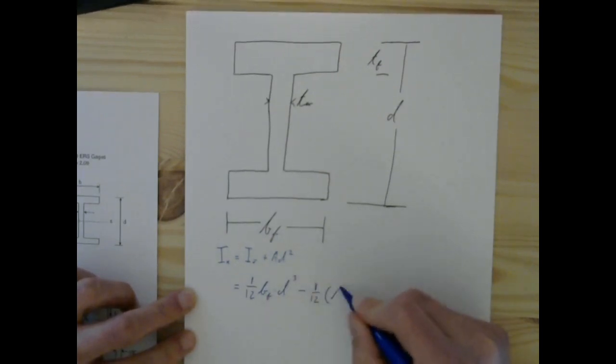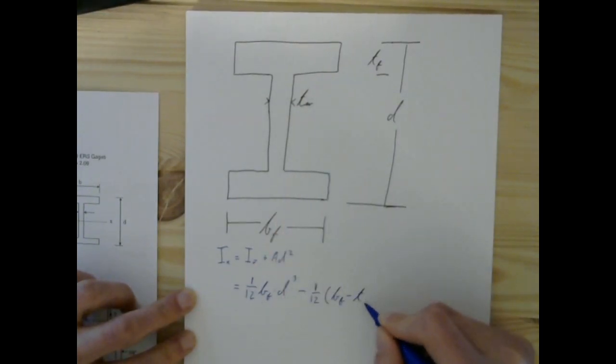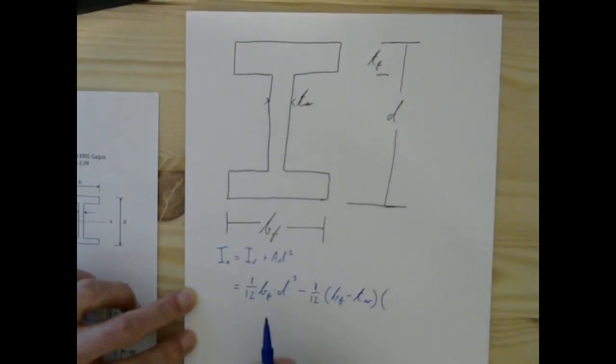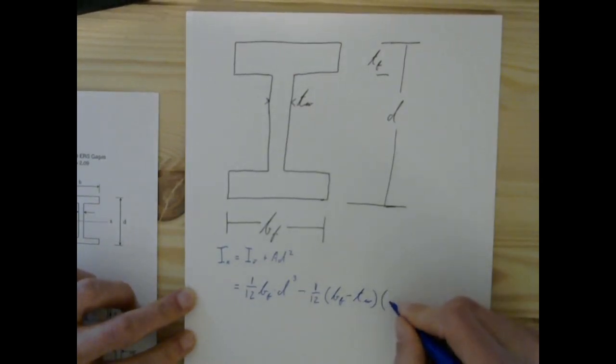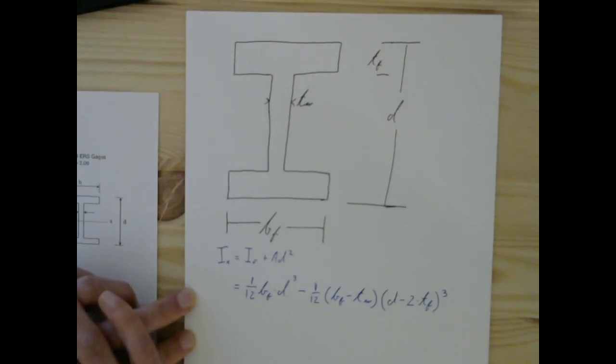It will be the full width minus the width of this flange, which is given. And we'll multiply that by the depth, which will be D minus 2 of them times the thickness of the flange. That's also given. And then we'll cube that. And that'll be our second moment of inertia.